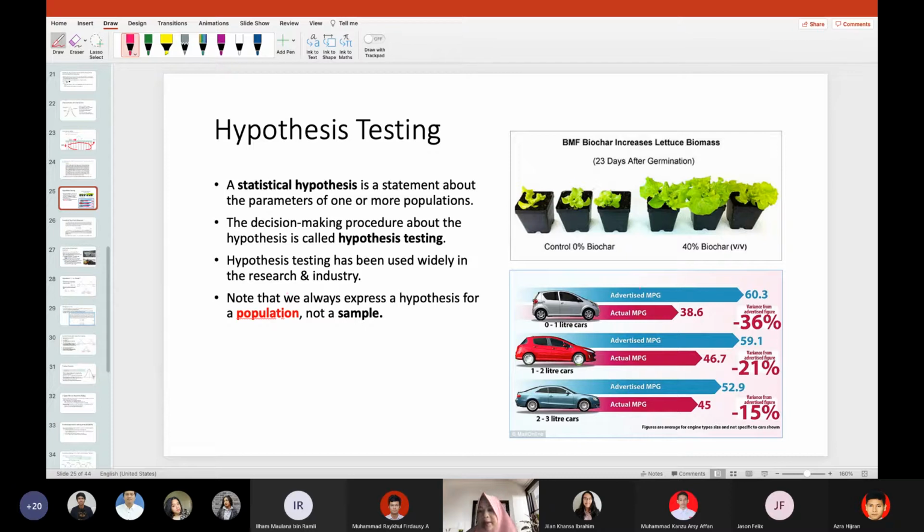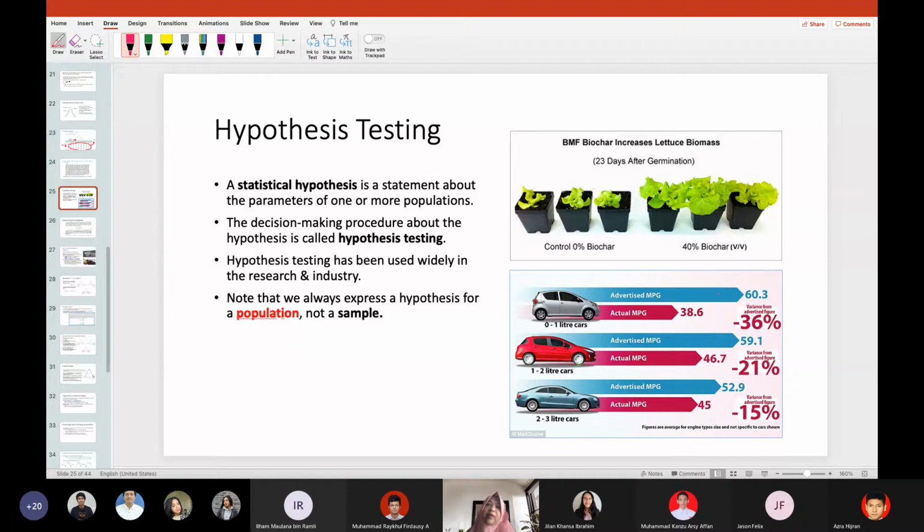And also, for example, this is a claim for a car, the amount of liters of gasoline used. For example, this is the advertisement: 1-2 liter cars can be up to 60, but the actual is 38.